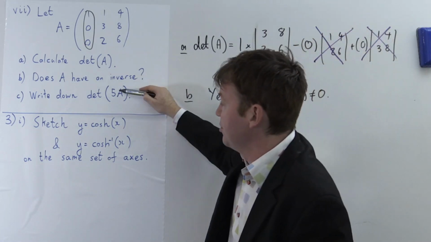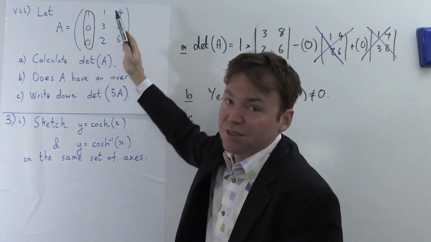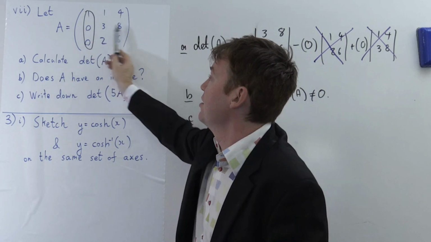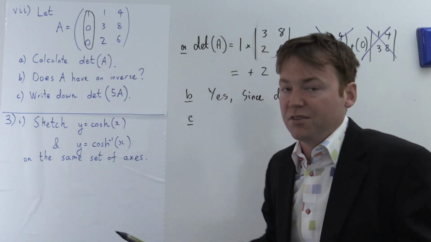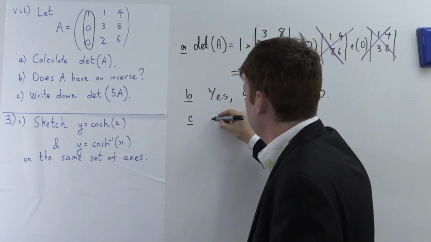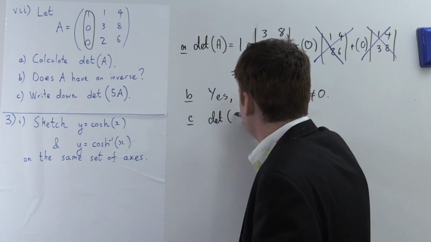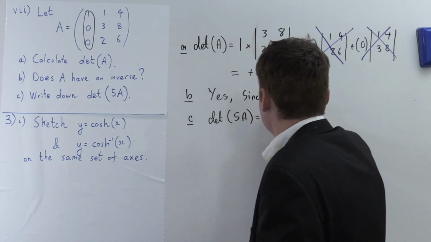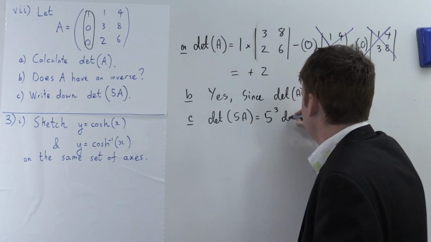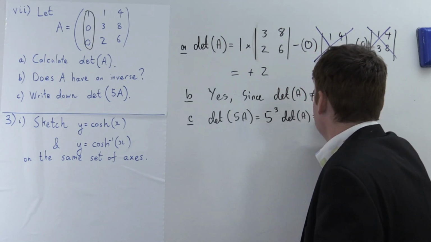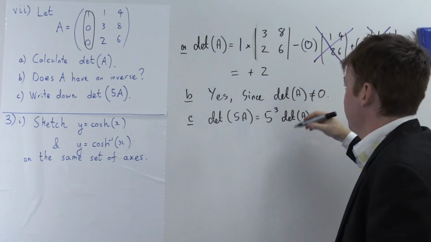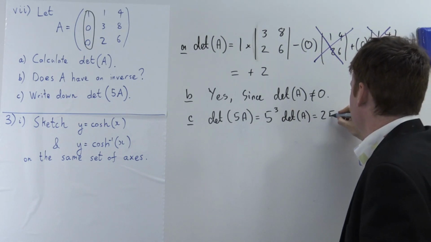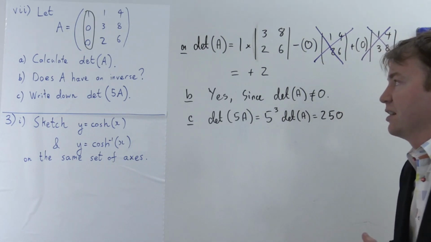So in all, to scalar multiply A by 5, that is 3 row operations, this one, this one, and this one, all of which affect the determinant. So det of 5A is equal to 5 cubed times the determinant of A, which is 125 times 2, which is 250.